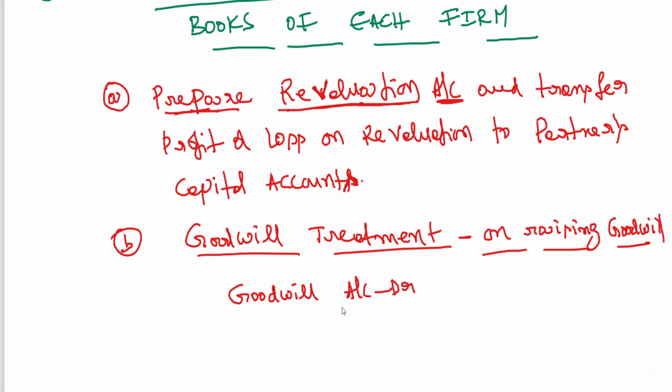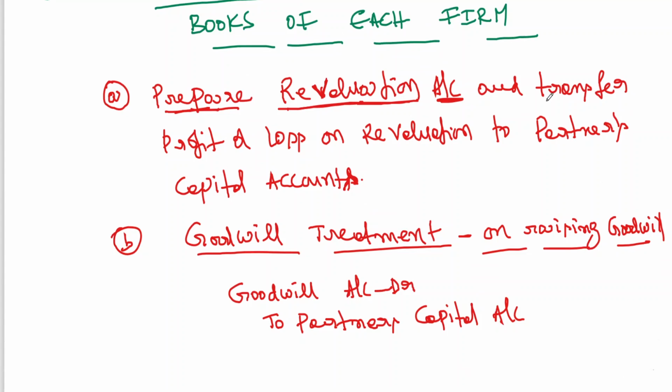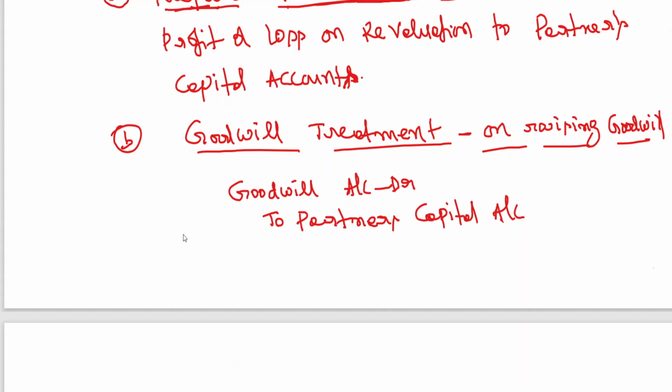Goodwill account debit to partners' capital account. If the old partners, the respective firms' partners, have decided to raise the goodwill, you should write the entry for goodwill account debit to partners' capital account. So goodwill adjustment. This is if it is given in the problem. If it is not given in the problem, no need to worry about it.